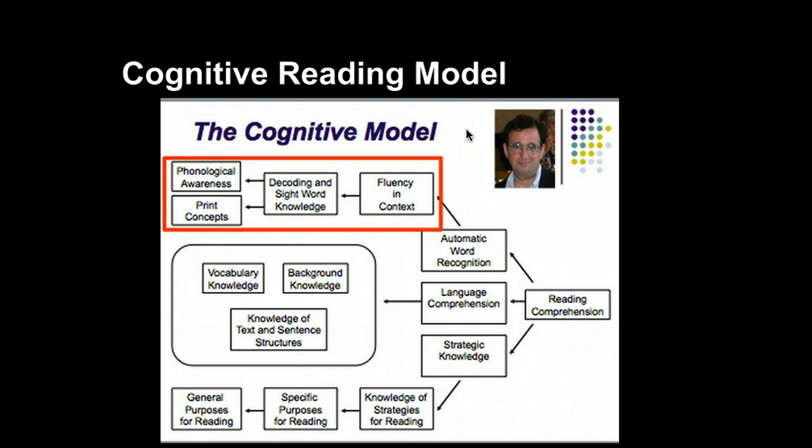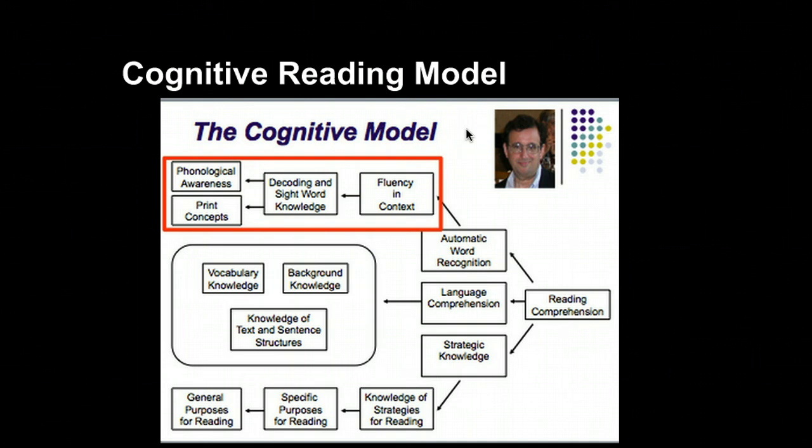Word recognition, however, we can look at fluency in context. So, can you read something? If you can't do that, then we look at how you decode your sight words, decoding and sight words, and your knowledge about how to read, which can break down into concepts about print and your phonological awareness.